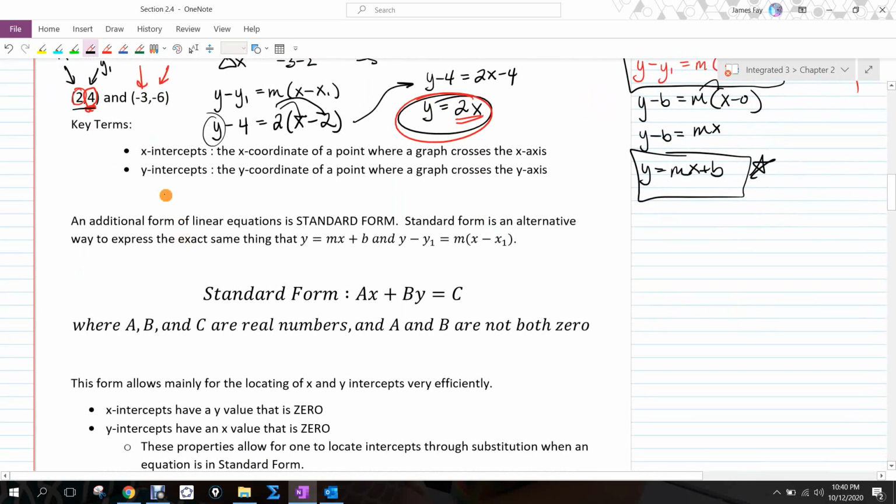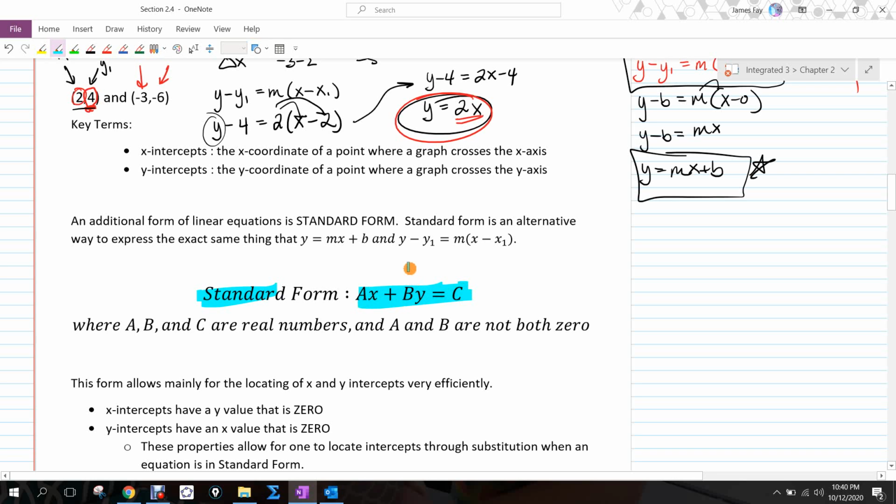As we move on, another format that we like to talk about is what we call standard form. Whenever something is identified as standard, that's like the most basic. If I go buy a car and I say I'm gonna buy a standard or stock car, that means it's just the basic model. So standard means this is the basic kind of format that we're going to see.